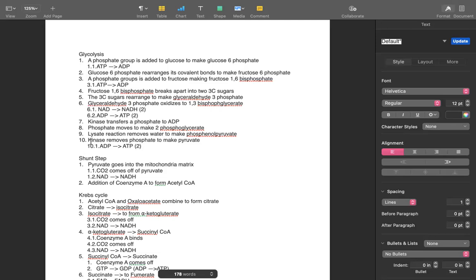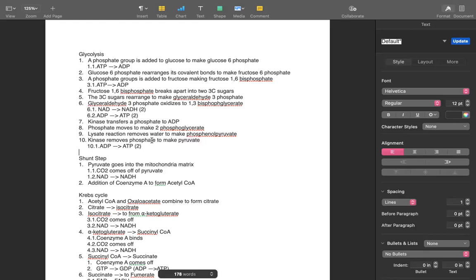Then we have another kinase reaction, removing a phosphate to make pyruvate. So again, here we have ADP being made into ATP. And this is where our next 2 ATP come from, and our final product, the pyruvate.